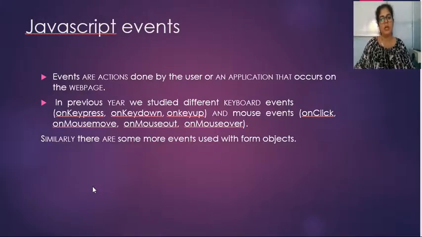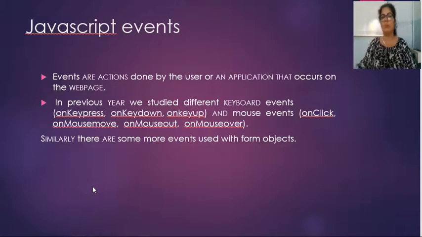In the previous class, we started different keyboard events like on key press, on key down, on key up. I hope you all have used these events. When you press a key, the event occurs. In some cases you have to press the key for a long time, and sometimes when you release your finger from the key, the event occurs. A real life example is playing video games.